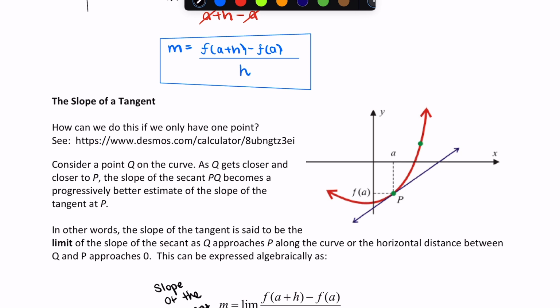So if we look at this graph over here, at the point P, we see that h is 0. And here we can see that if there's another point, that's going to be a plus h and f of a plus h.